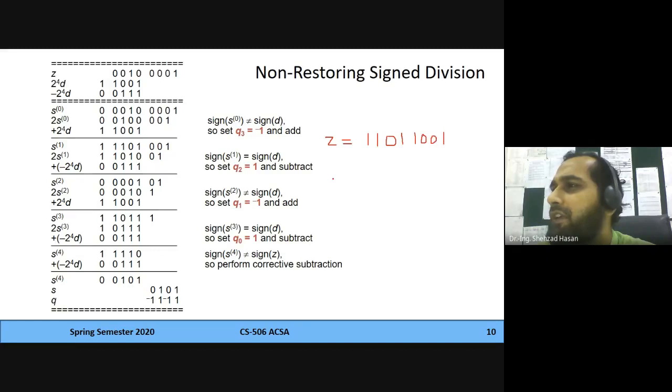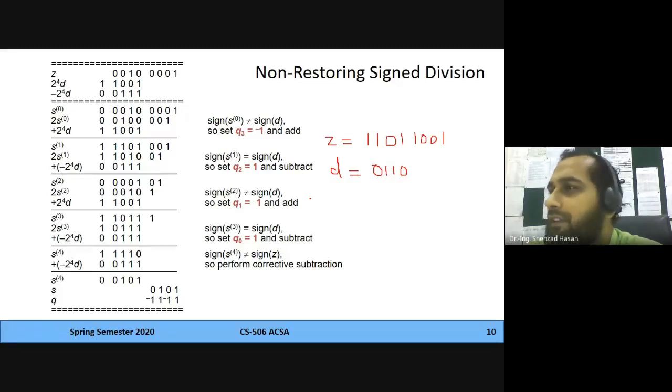This is my dividend, and divisor is 0 1 1 0. Okay, try it yourself. I have opened this slide for you.